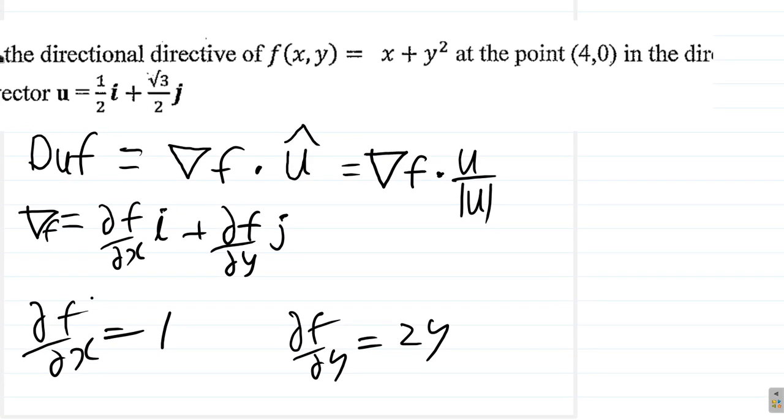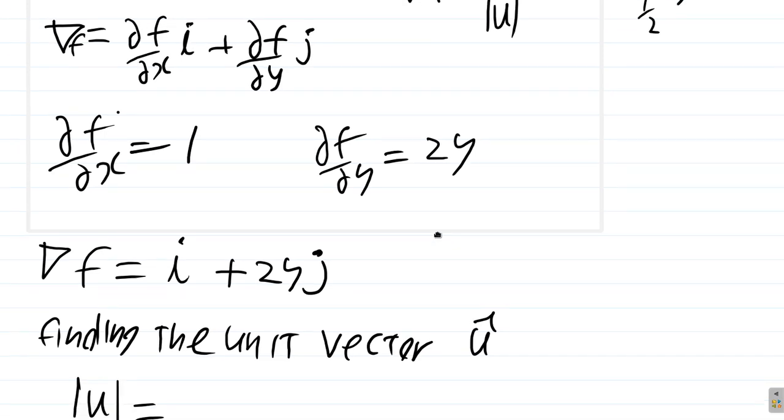It means the length is half in the i direction, and in the positive j direction, the height is square root of 3 over 2. So the magnitude of u would be the hypotenuse. This is a right angle, so use Pythagoras theorem.